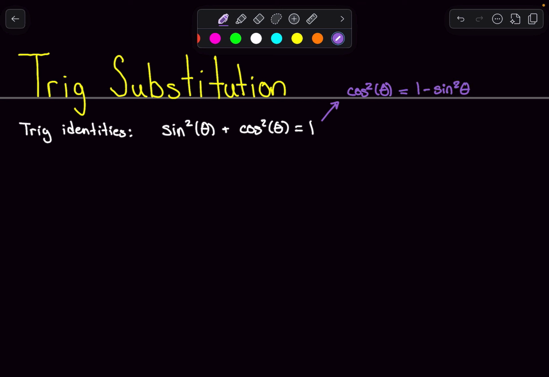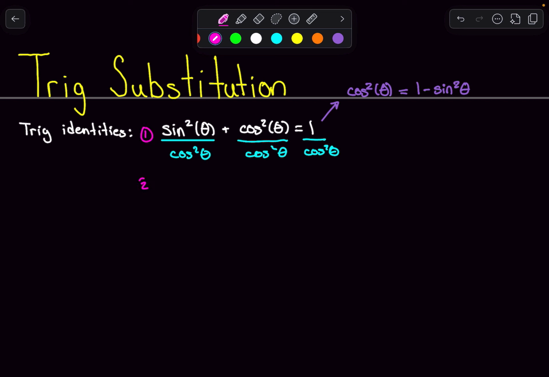Okay. The next one that you're going to want to know is the cousin of this particular formula. If I were to divide everything through by cosine squared, right? If I were to divide this by cosine squared and that by cosine squared and this by cosine squared theta, what would I get? We're going to get our second equation, so maybe I'll label this one as the first one.